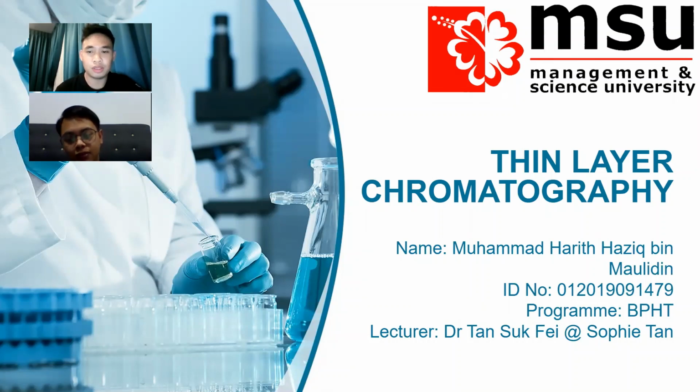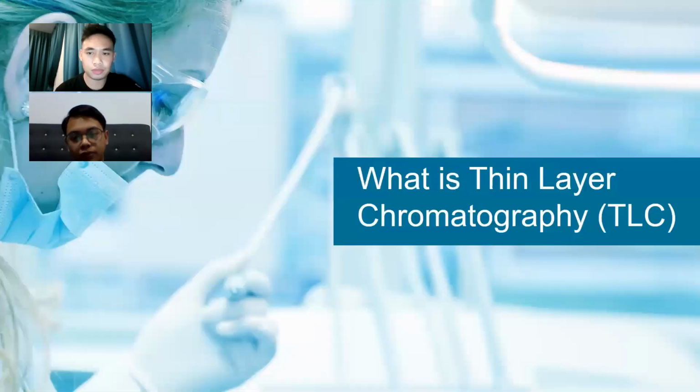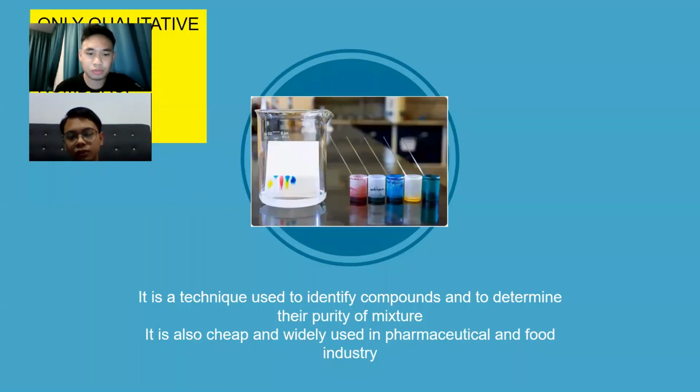So now we are going to look at what is thin layer chromatography, or we call it TLC. It is a technique used to identify compounds and to determine the purity of a mixture.